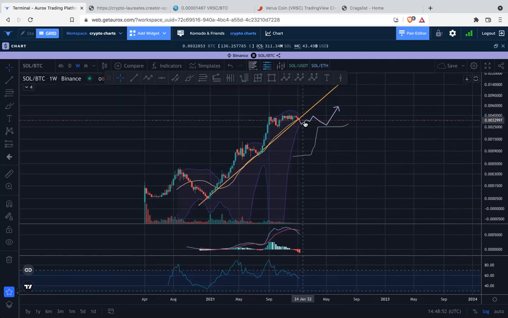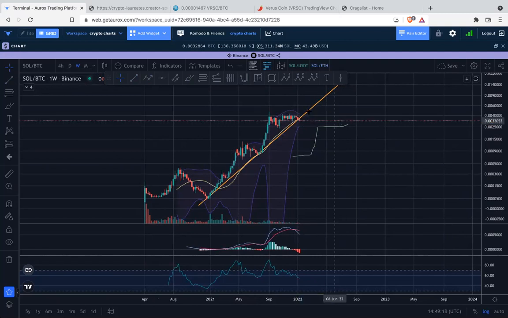But in that case, I do still see something like this happening, where we move towards the bottom of the Bollinger Band, previous price levels, which is around 250,000 satoshis. That's about it. It's either that or it's a dump, one or the other.